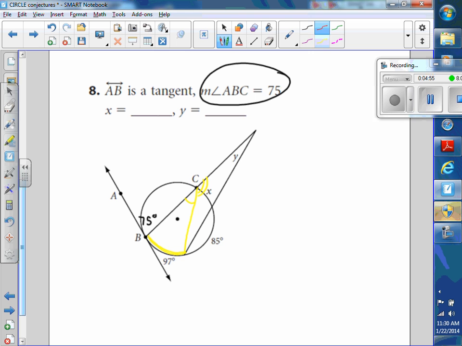Let me erase that. Oh, I know what I used. You can use that inscribed angle of the 97, and then you just have to make another one with the 85. You have to do two.